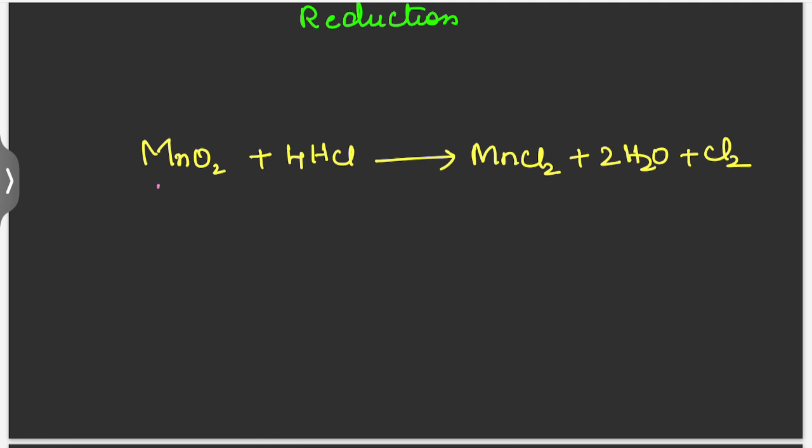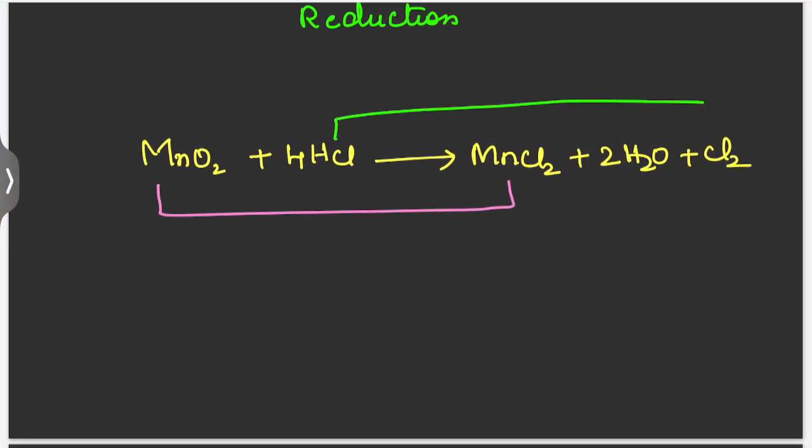Always compare Mn with Mn, manganese with manganese. And then in HCl we have chlorine, which is a non-metal, so compare chlorine with chlorine. Now check which is undergoing oxidation and which is undergoing reduction.